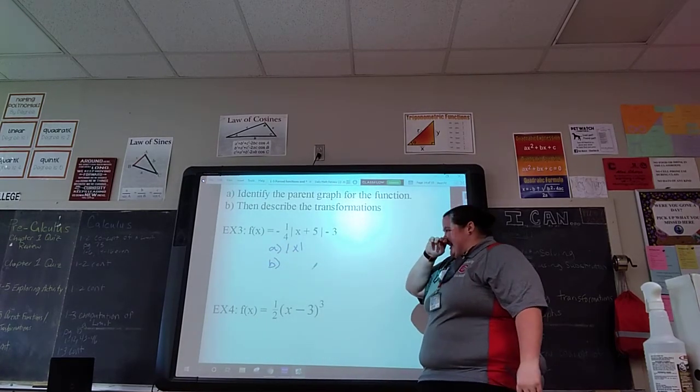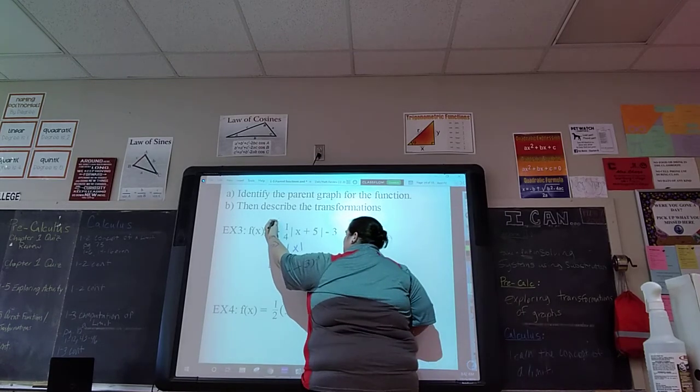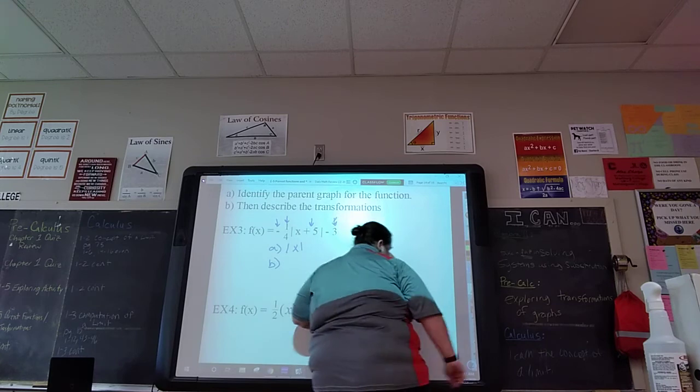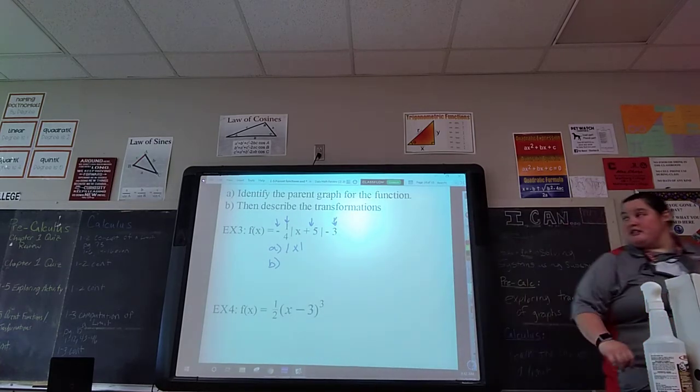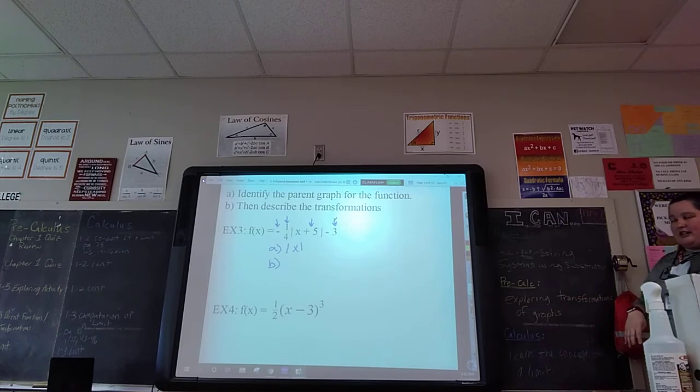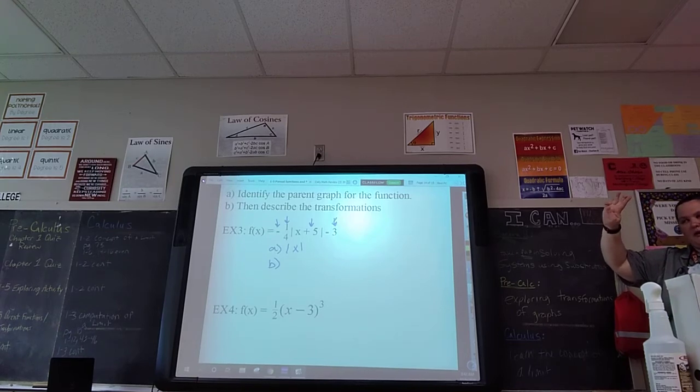Okay, so what I see: there's a negative, there's a number in front, there's a number inside, and there's a number outside. This one has the most transformations you can ever have. You can have a reflection, you can have expand or compress, you can have left or right movement, and you can have up or down movement. So the most you'll have in one problem is 4.